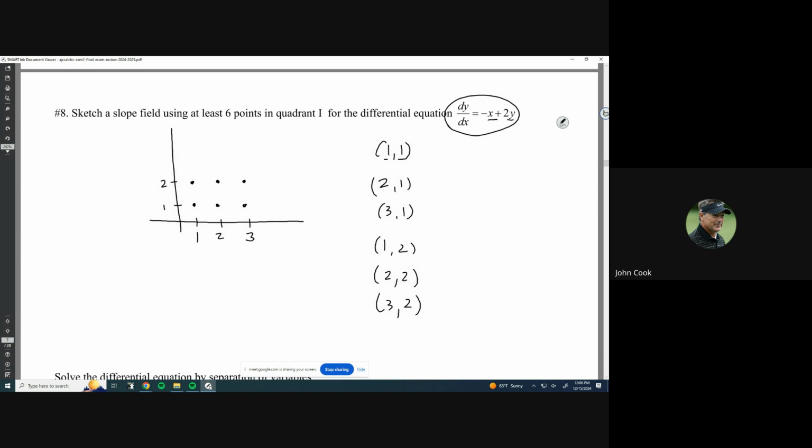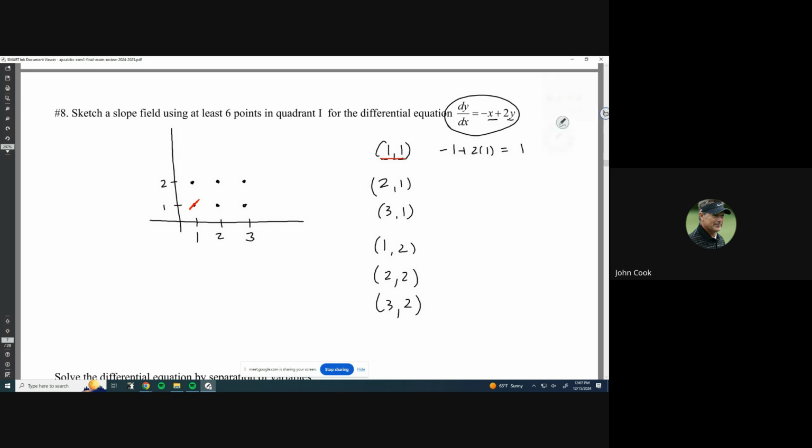So if I did that, -1 plus 2 times 1, that would be 2 minus 1, which is 1. So I just have a slope of 1 at this coordinate. I'm going to use red for that one. A slope of 1 would be going up 1 over 1, so it looks something like that. There's part of the slope field.